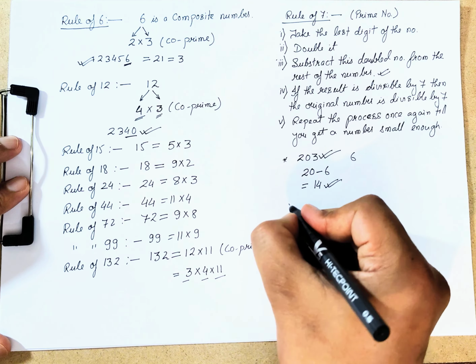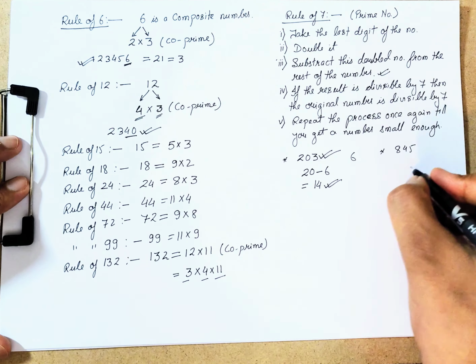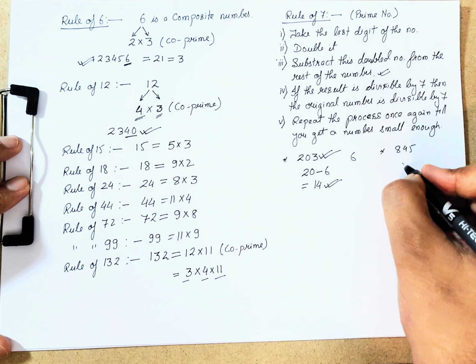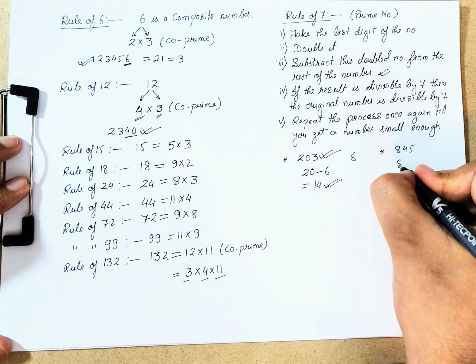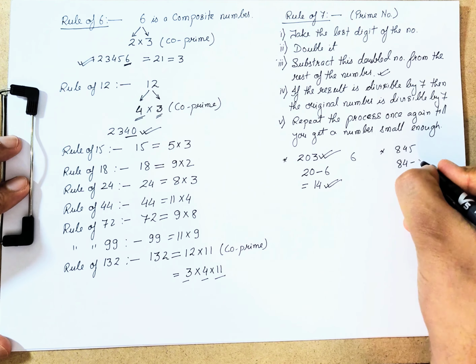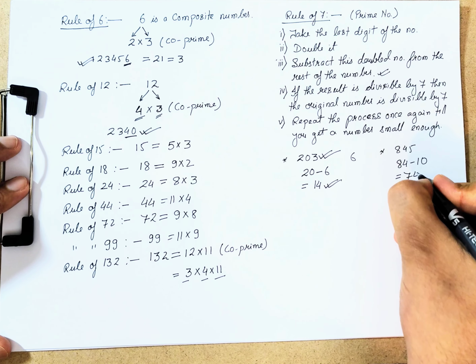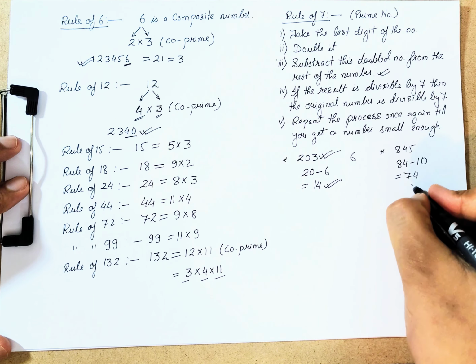Let's take one more example. 845. Take the last digit and double it and subtract it from the remaining number. So the remaining number is 84. Double of the last digit is 10. We get 74. Now we know that 74 is not divisible by 7. Hence this is not divisible by 7.